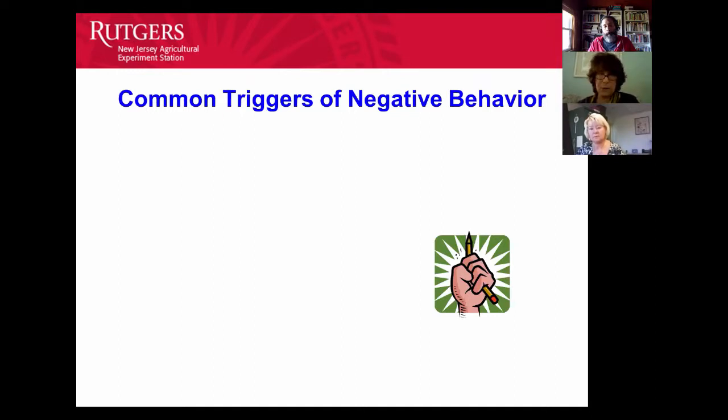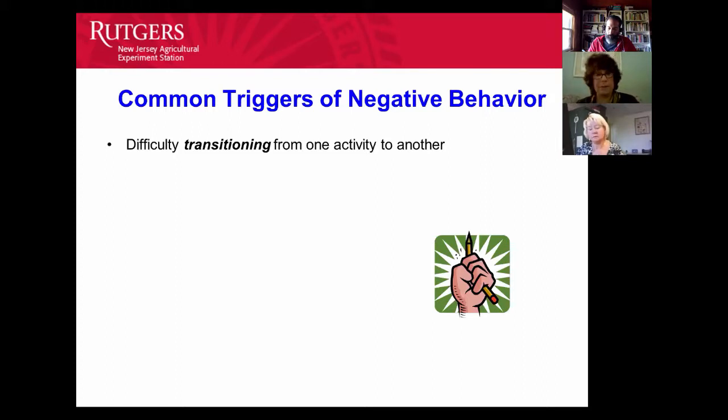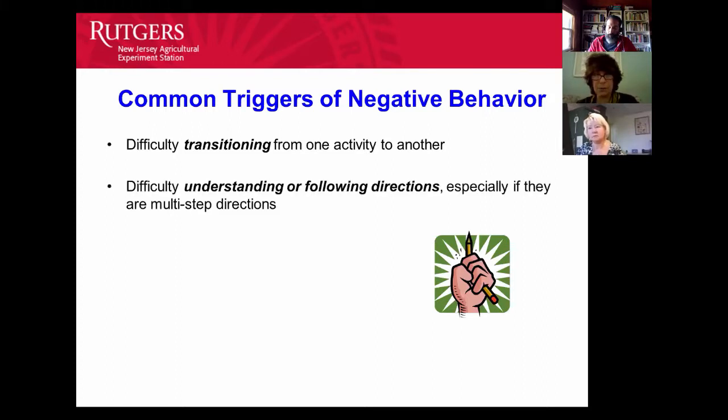Like we said, individuals with developmental disabilities behave in particular ways for a reason. They could be having trouble transitioning from one activity to another and may need to be prepared in some way for moving on: a warning, a timer, a list of steps that they'll be taking. They may have difficulty understanding the directions, especially if they're multi-step directions. We talked about giving one-step directions. This may lead to frustration, falling behind.